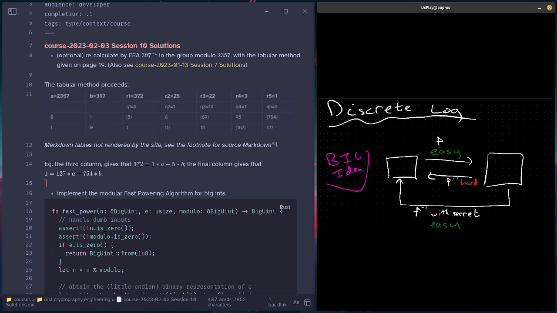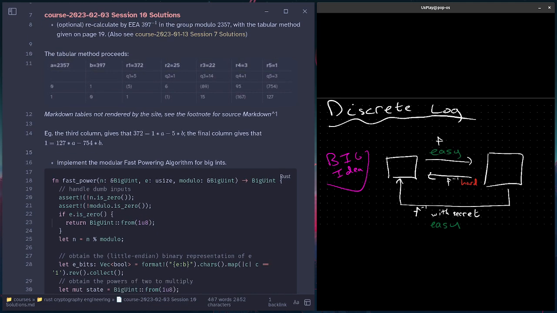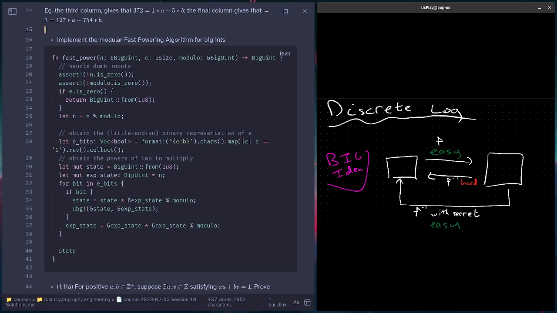The basic algorithm that we use to compute large exponents is maybe not must-know knowledge on how to implement, but it is fairly fundamental to know how we're actually working in these massive fields, in that we need to know how to compute exponents efficiently. So the fast powering algorithm is the way that we efficiently compute exponents over large finite fields.